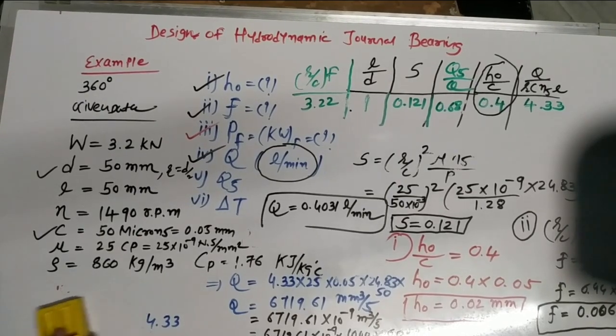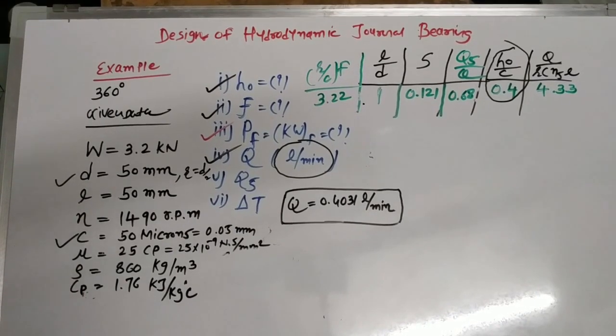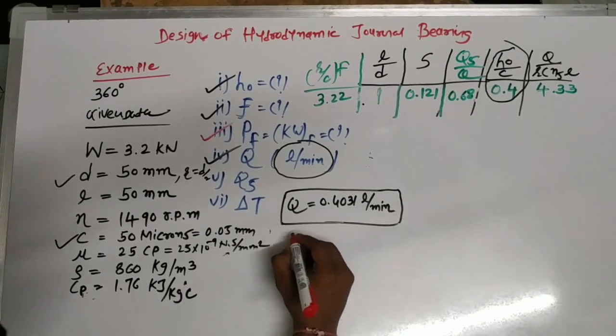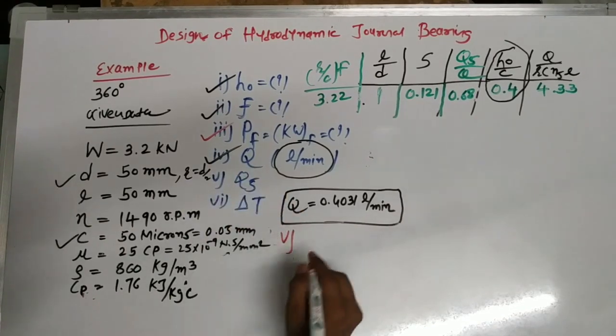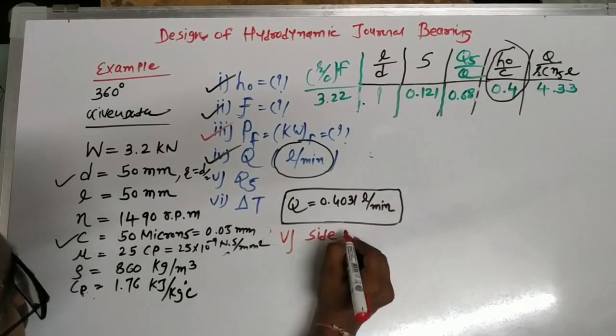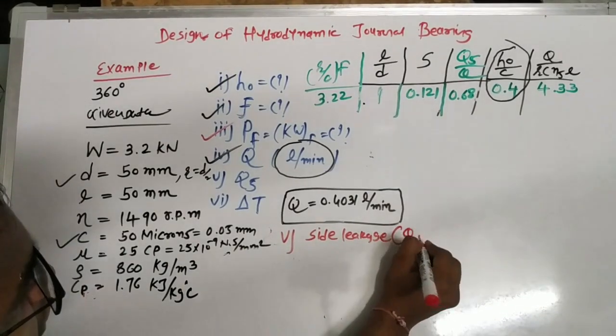So let us find out another parameter. After finding the total flow rate of lubricant, now we are moving towards the next parameter, our fifth parameter, that is side leakage. Side leakage we can denote with QS.